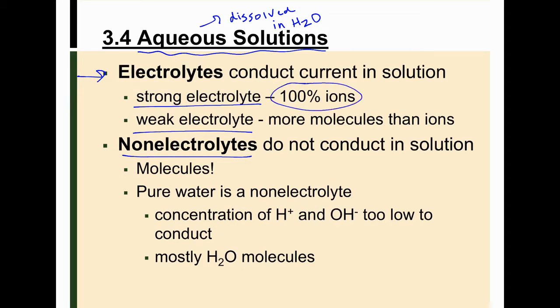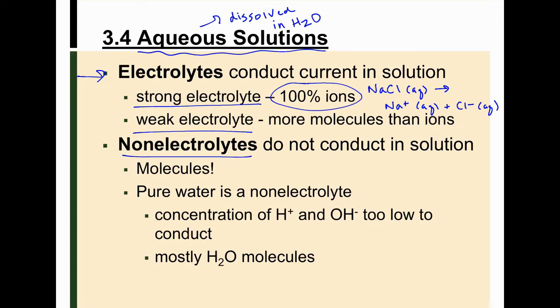So 100% of the particles have divided into ions. A good example of a strong electrolyte is sodium chloride, NaCl, which when aqueous will break up into all sodium ions and all chloride ions. Those ions are available to conduct electricity, hence why they are strong electrolytes.